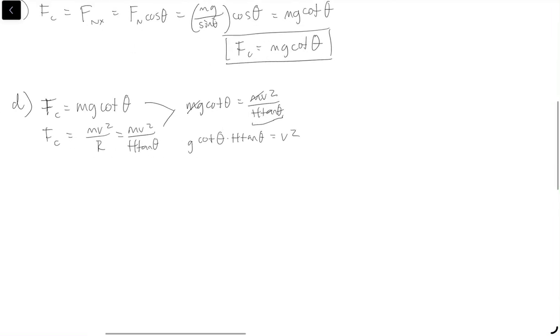But then cotangent is just 1 over tangent. So these tangents will cancel out. And then we can square root both sides to get our final equation for v.